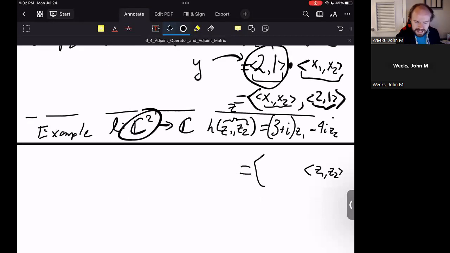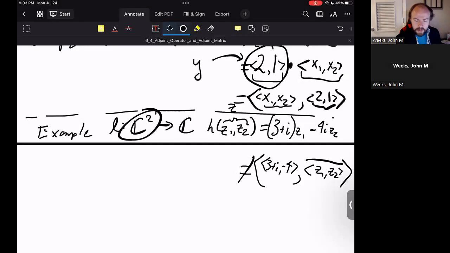It looks like you're taking the inner product of 3 plus i, comma, negative 4i, and we're taking its dot product, if you will, or the inner product inside of the complex space with the vector Z1 and Z2. Now, here's the thing. This formula doesn't work because, again, we're in the complex numbers here. So there's something different that has to happen. Remember that this side over here is getting a conjugate. That side over there is getting a conjugate.